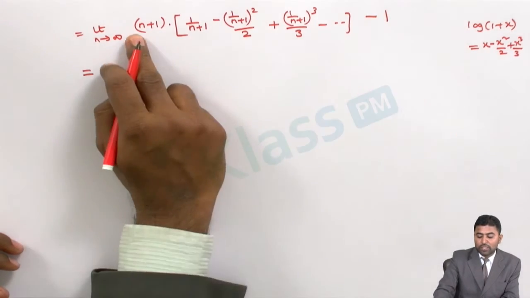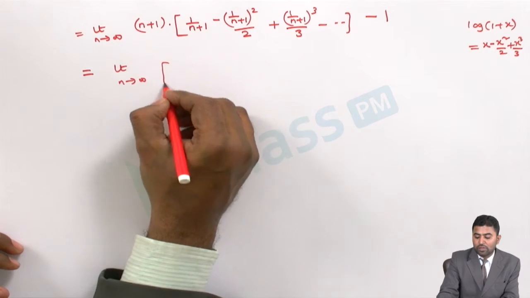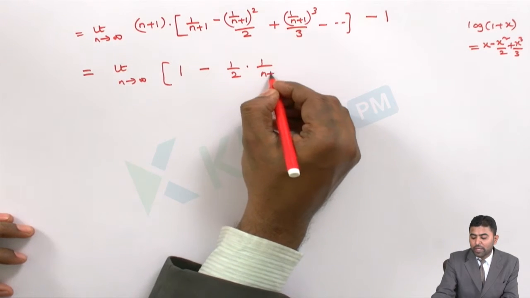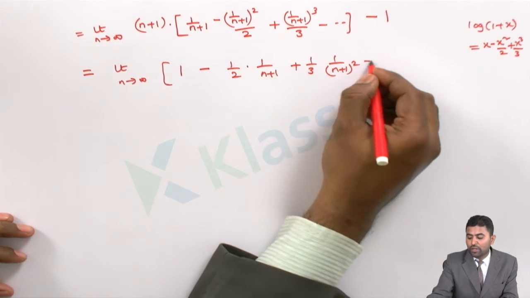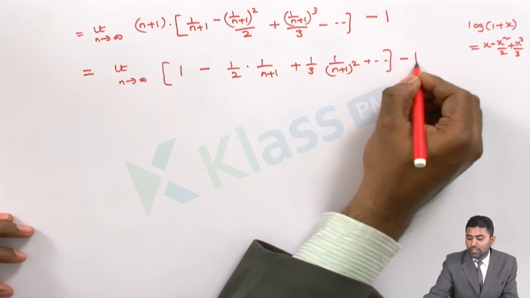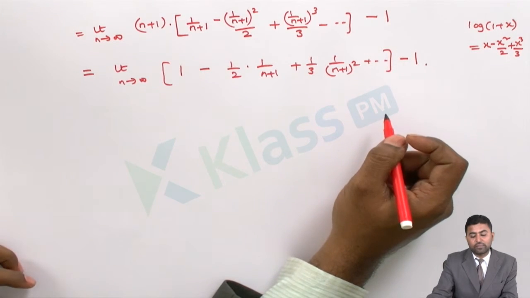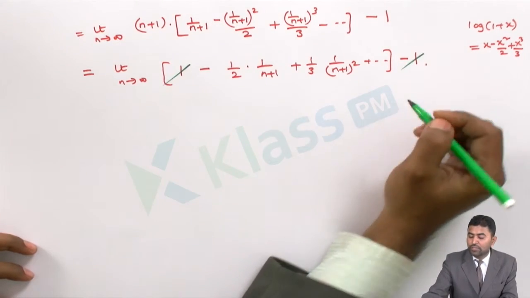Then sending this n plus 1 inside, we'll get limit n tends to infinity 1 minus 1 by 2 into 1 by n plus 1 plus 1 by 3 into 1 by n plus 1 whole square plus and so on, minus 1. Then this plus 1 and this minus 1 will get cancelled.